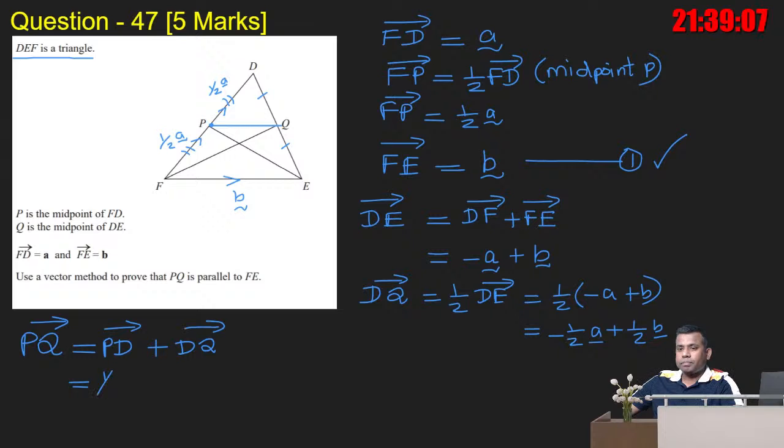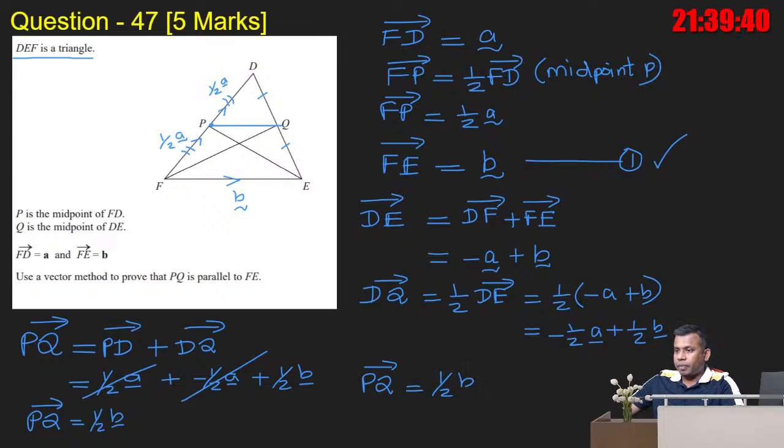PD is half A. Plus DQ, we already know, minus half A plus half B. Now this one and this one cancel out, and we can find out PQ equals half of the B. So I'm going to write here PQ is equal to half of the B. That is my second equation.